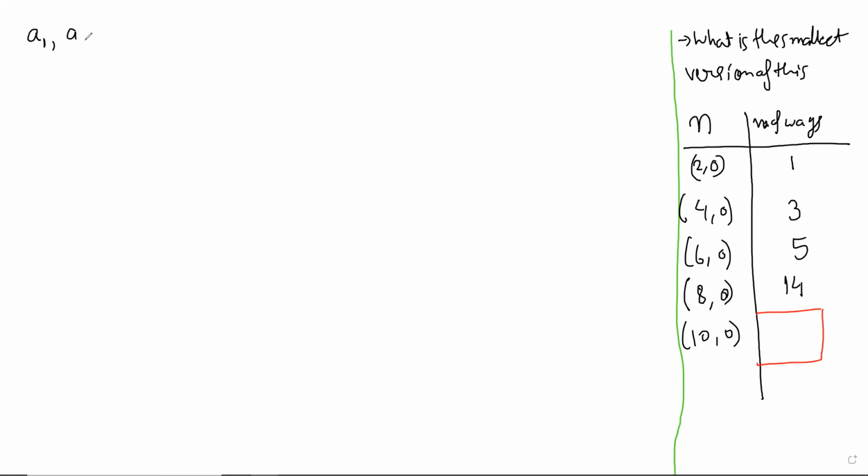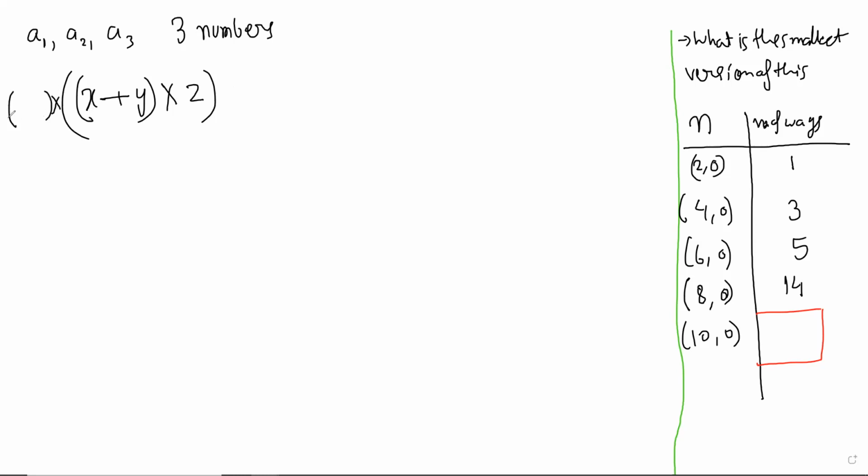Suppose you have A1, A2, A3, 3 numbers. If you just start with, let's say you take X and Y and you add them, and then let's say you multiply this with Z, and it's a complicated expression, so further you have to multiply this with the sum of 2 things, let's say A plus B, and this could be numbers or whatever.